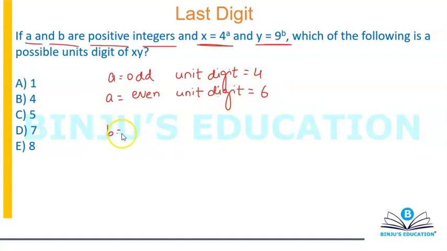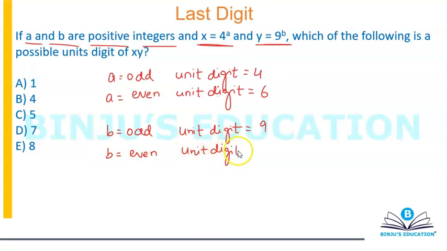Similarly, if B is odd, then the unit digit is 9. If B is even, then the unit digit is 1. These are the only possibilities that we can have. So we have two possibilities from A, two possibilities from B, which means a total of 4 possibilities when we multiply A and B.